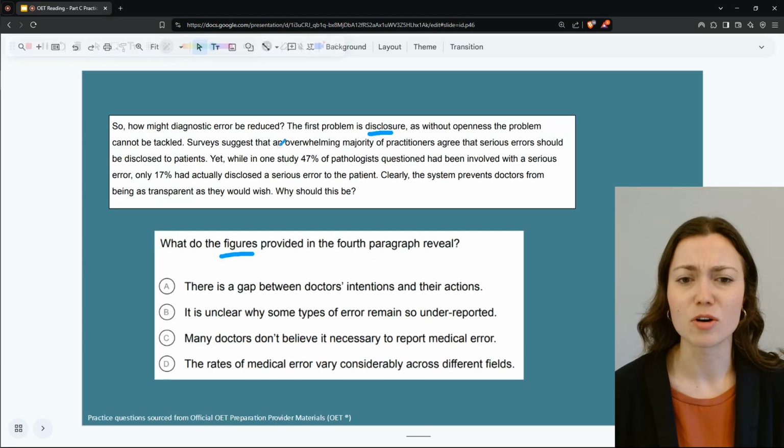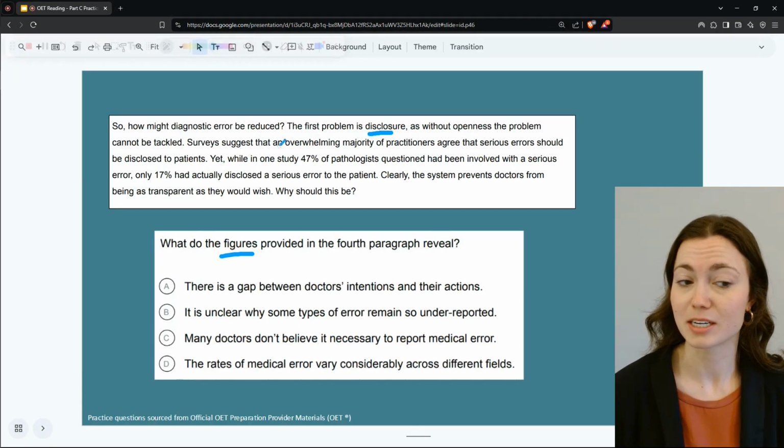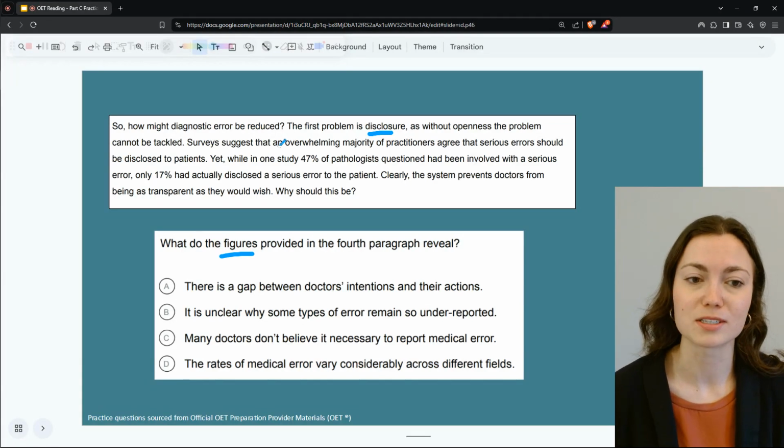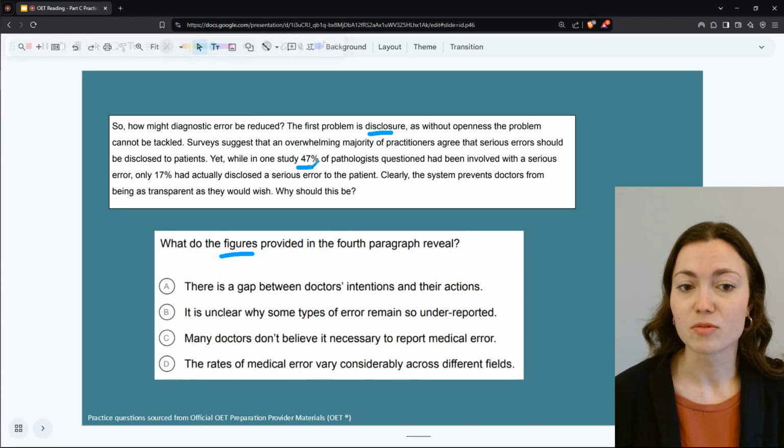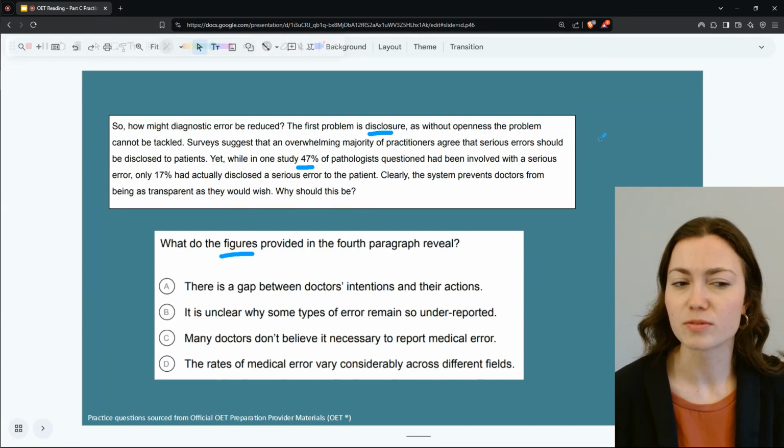Surveys suggest that an overwhelming majority of practitioners agree that serious errors should be disclosed to patients. Yet while in one study, 47% of pathologists questioned had been involved with a serious error, only 17% had actually disclosed a serious error to the patient.